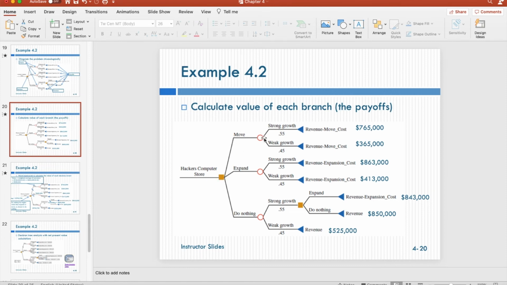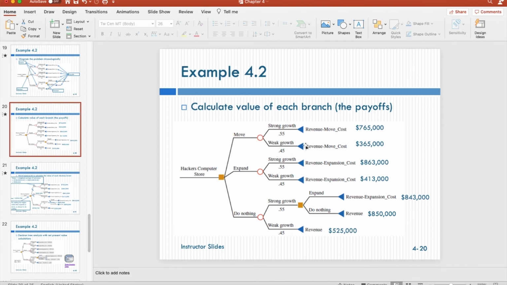If you decide to move, you have a 55% chance of strong growth with this profit, and a 45% chance of weak growth with this specific profit. Then your expected profit if you decide to move to a new site would be this amount times 55% plus this amount, 365,000, times 45%, right? It's quite simple.